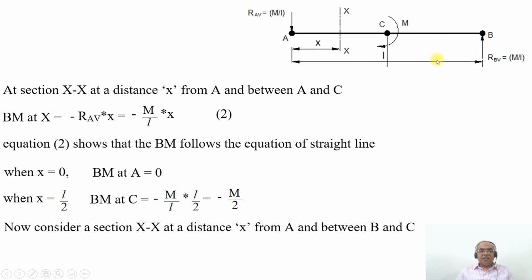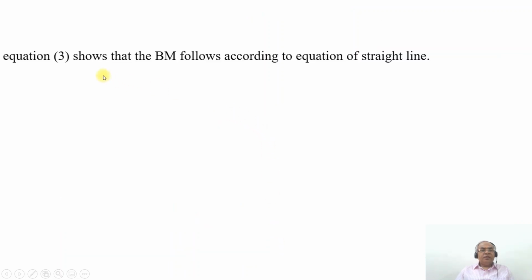Similarly, consider a section XX at a distance x from A between C and B. BM at section X will be equal to minus R_AV into X plus M, plus M because we have to consider the couple as well. So minus M by L into X plus M, which is equation 3, shows that the bending moment follows the equation of a straight line.